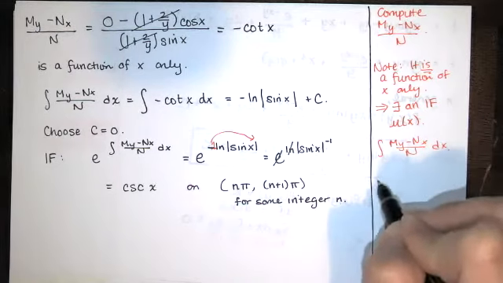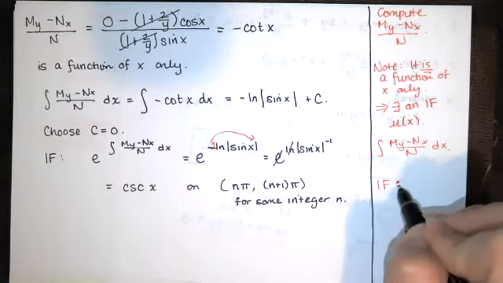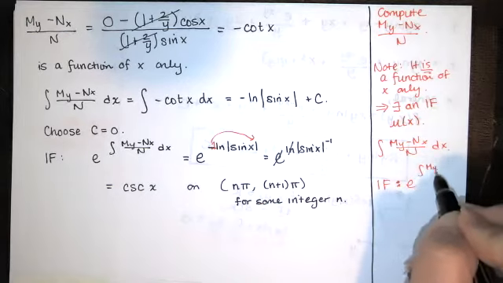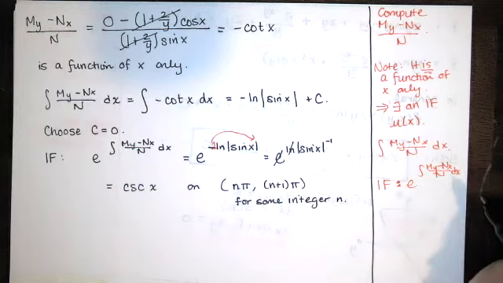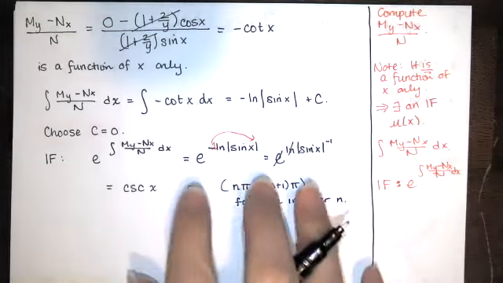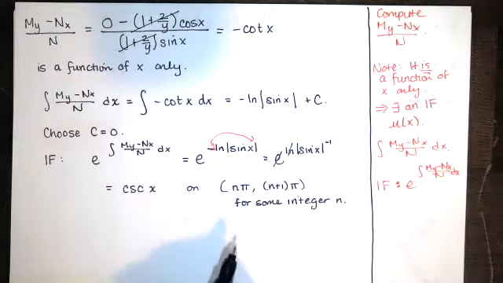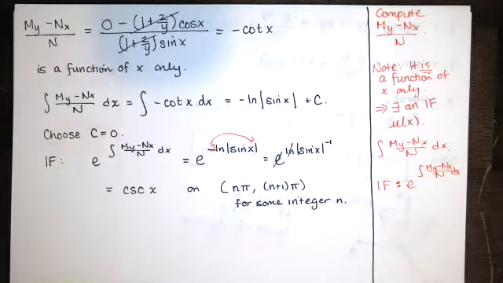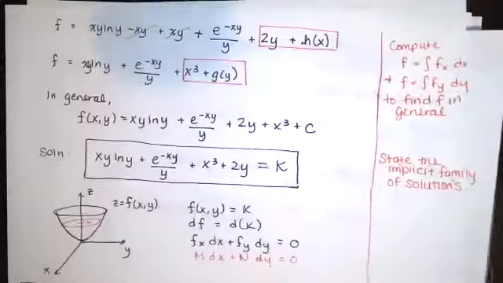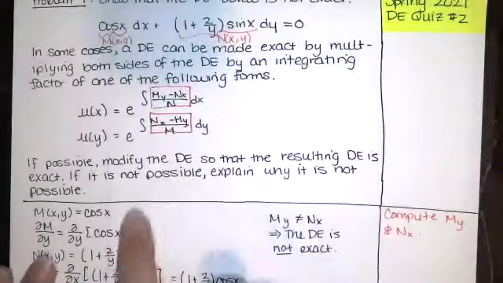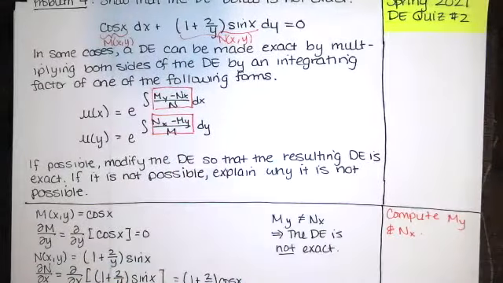And then we define the integrating factor to be e to that power. And that is what we should multiply the differential equation by to make the differential equation exact. So it says, if possible, modify the DE so that the resulting DE is exact.